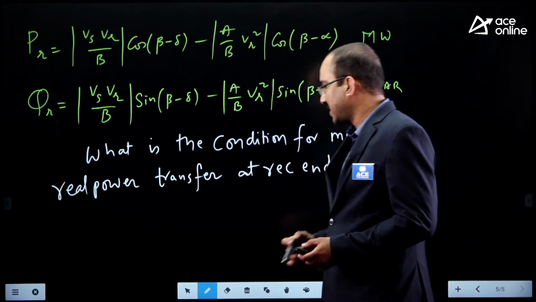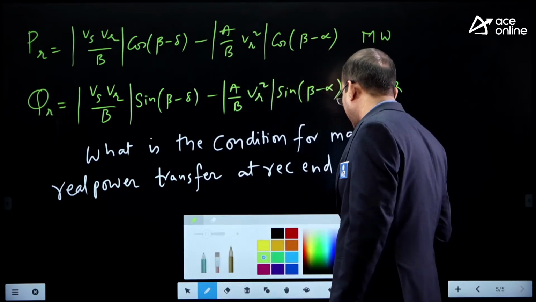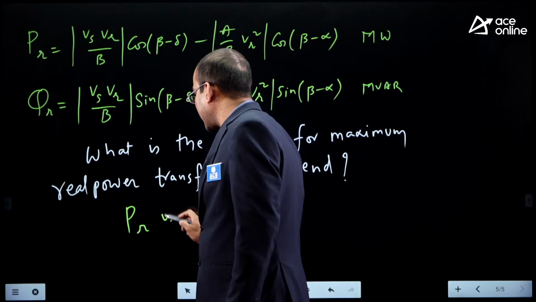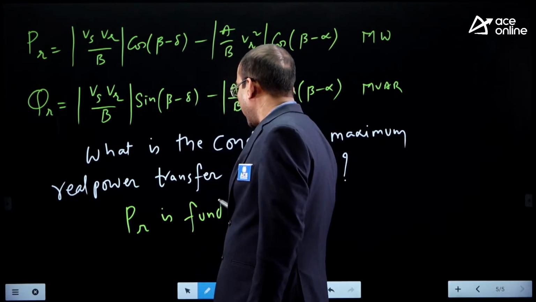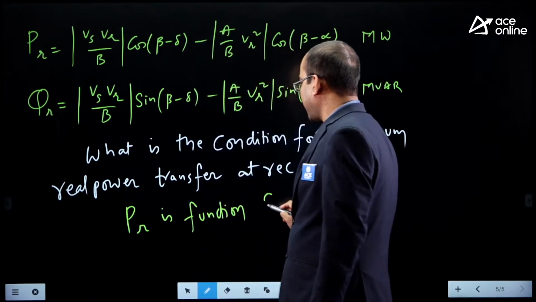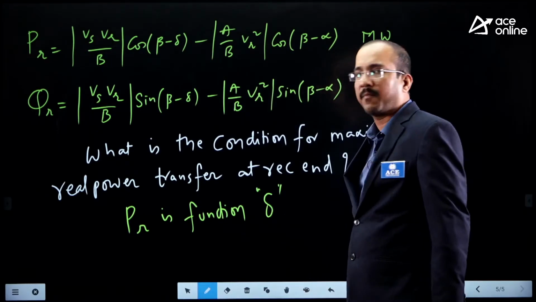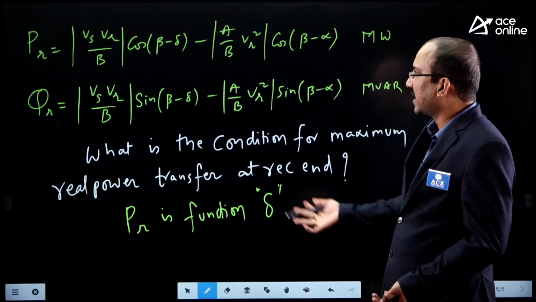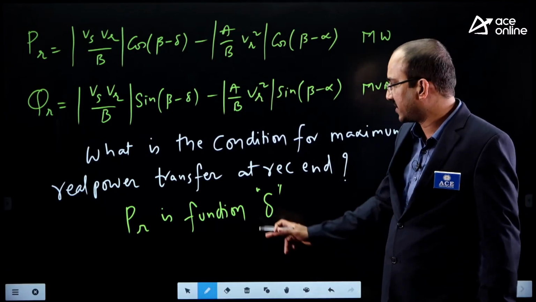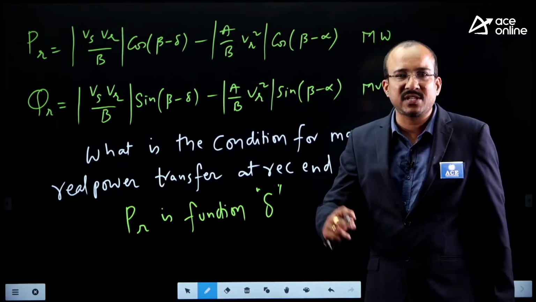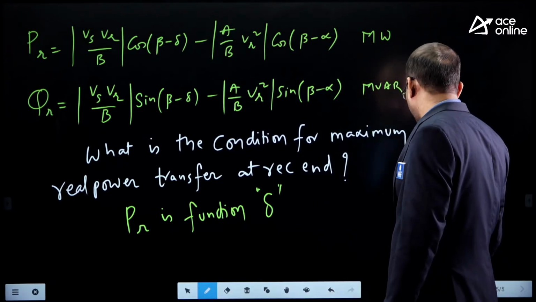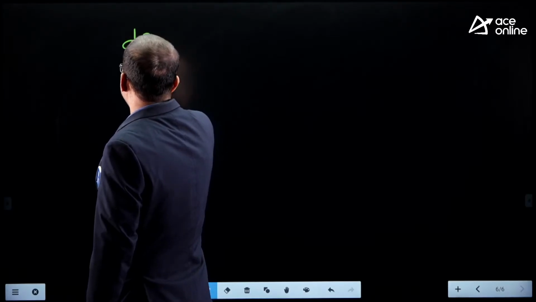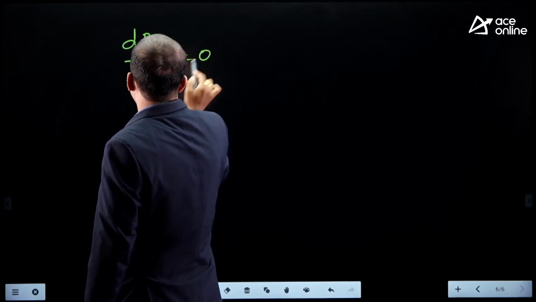In order to get the solution for this question, PR is a function of what? Load angle or power angle delta. So under what condition can you get the maximum real power transfer? Differentiate with respect to the variable and equate to 0. dPR by d delta equal to 0.